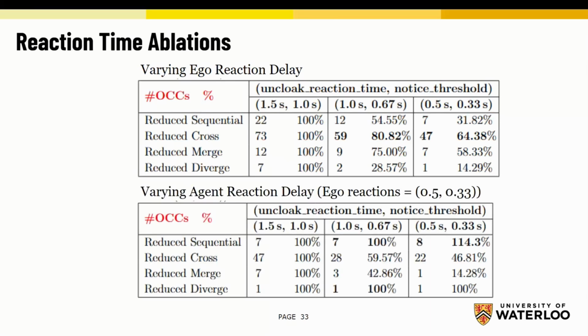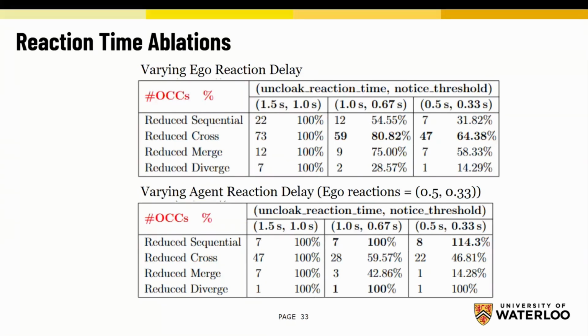Our second table here has everybody else's reaction times brought down in line with ego's new, better reaction time. So ego's reaction time is left at that good new reaction time of half a second, and then we bring everyone else in line. We're simulating an autonomous vehicle driving around other autonomous vehicles. And again, cross and merge scenarios get culled a little bit. Some of them don't survive.